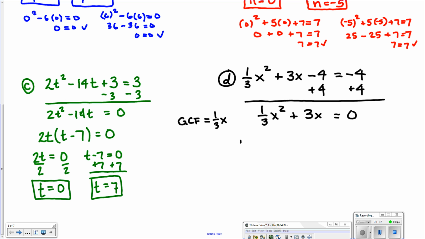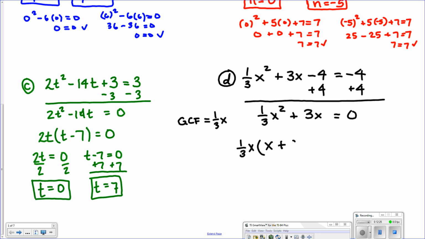So let's see what that looks like. If we do 1/3 x, and we say 1/3 x times what gives us 1/3 x squared? Obviously that's an x, just like on the previous types of problems we have had up here. And then 1/3 times what gives us 3x? If you're a little stuck there, you could also look at it as dividing each of these by 1/3 x, what you already have up here. 3 divided by 1/3 is going to be 9, or 1/3 times 9 gives us 3.